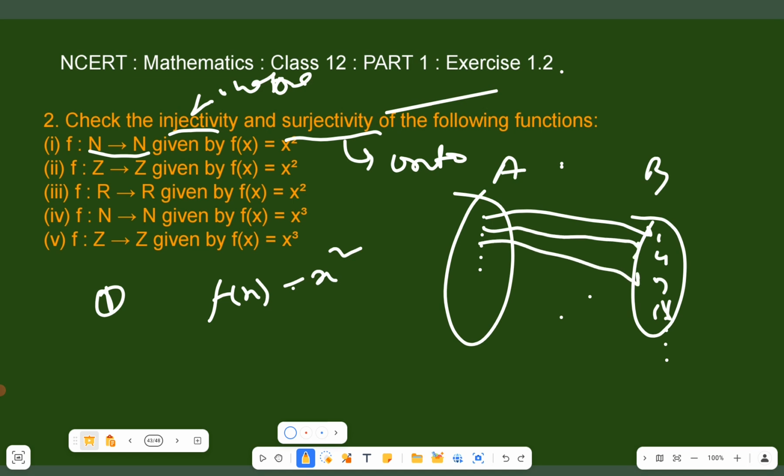So every element of A has a distinct image. Here 1 has pre-image 1. Suppose B is the set of natural numbers.